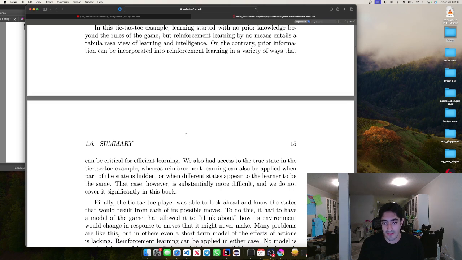We also had access to the true state in the tic-tac-toe example, whereas reinforcement learning can also be applied when part of the state is hidden, or when different states appear to the learner to be the same. That case, however, is substantially more difficult.